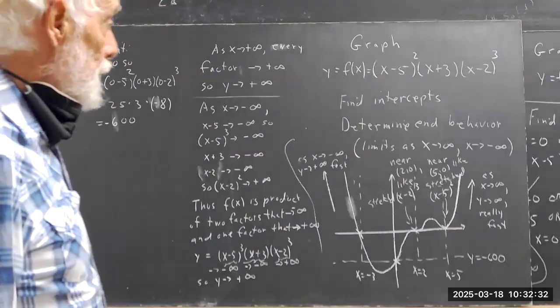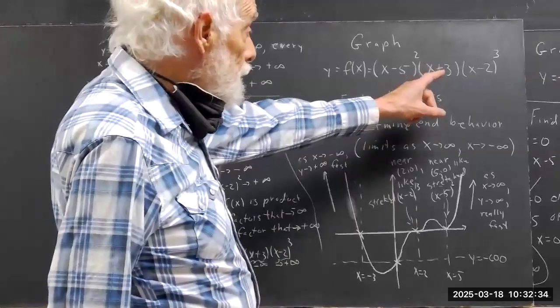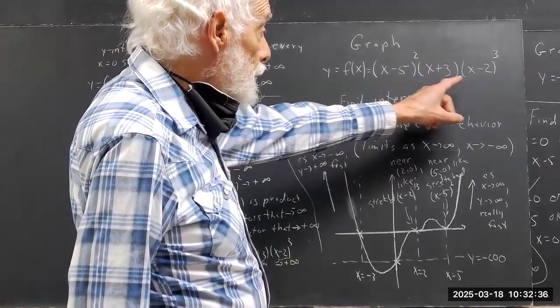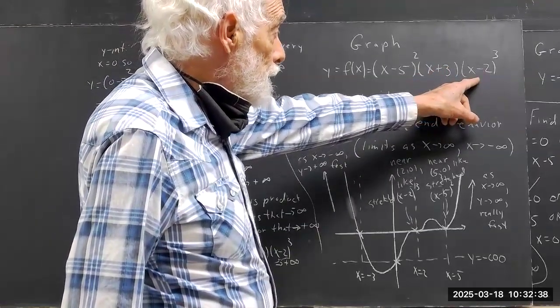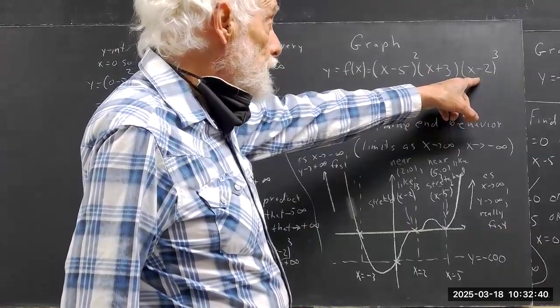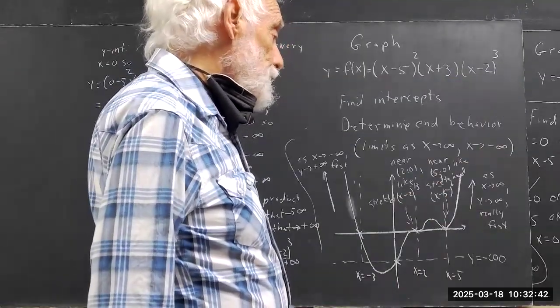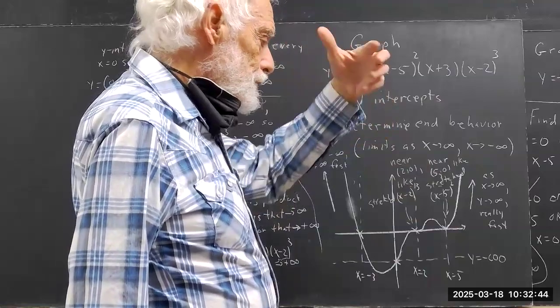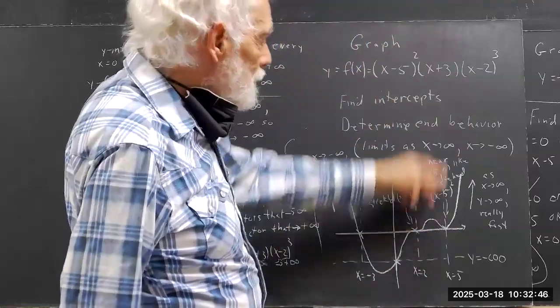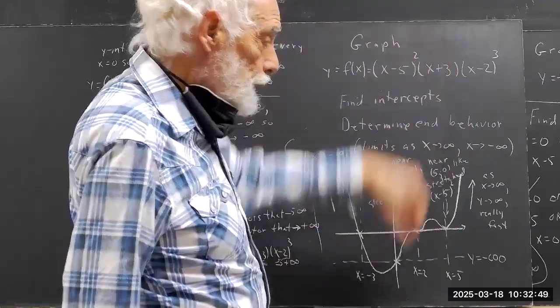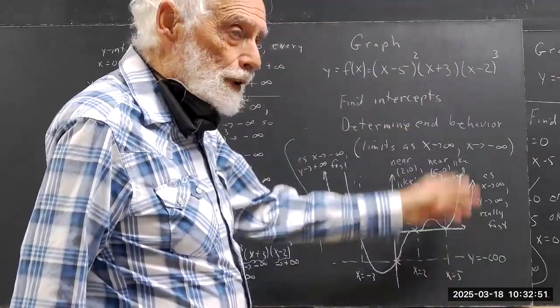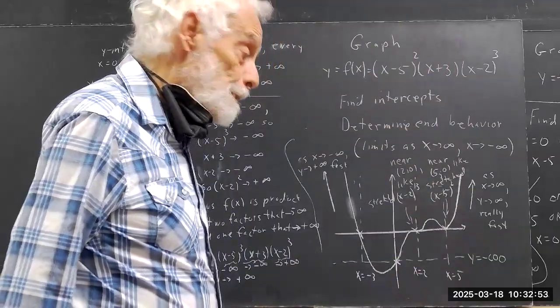Okay. And I'll say if x was 5, you'd have 8 here, and you'd have 3 cubed here, 27. 8 times 27 is 216. So it'd be vertically stretched by a factor of 216. You're pretty steep parabola. Okay.